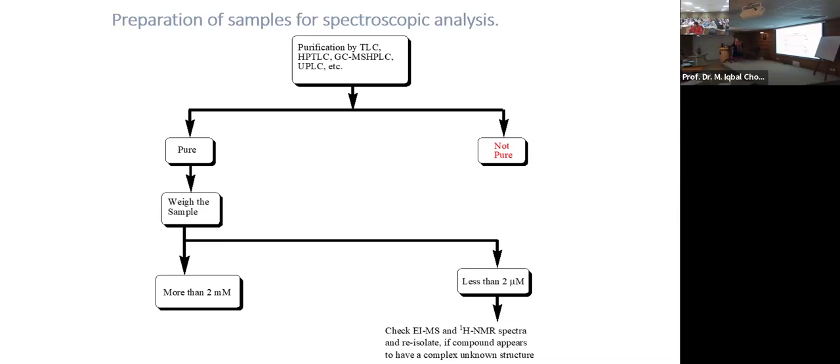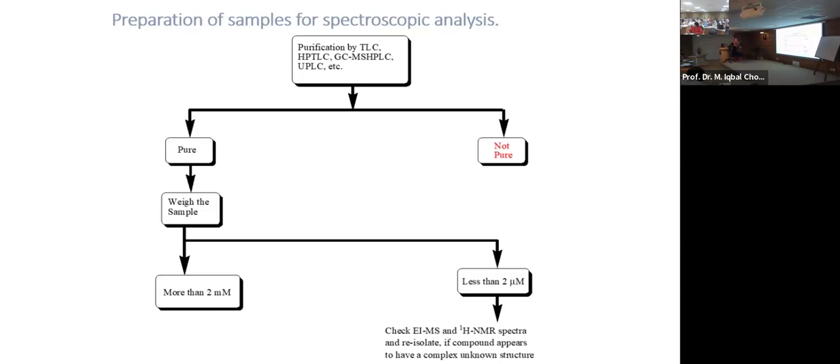NMR, as you have discussed so far, is the most insensitive technique. That is why, though we have the most advanced electronics, you still need a few milligrams of the compound to proceed.